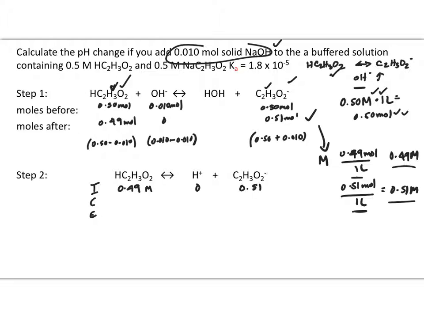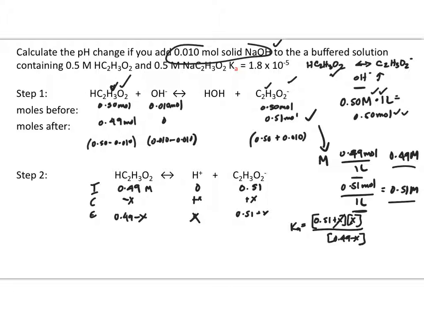Basically, we're treating it now like a regular ICE table problem, just like we have over and over again. Then we plug this into our equilibrium expression and find our new H+ concentration and subsequently our pH.